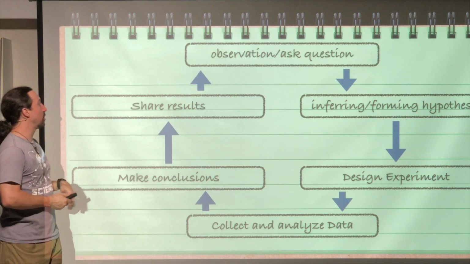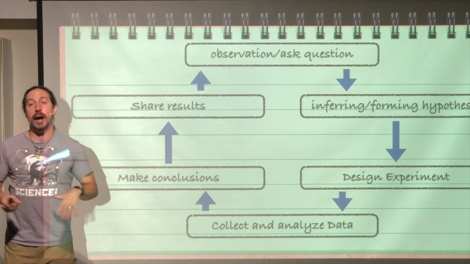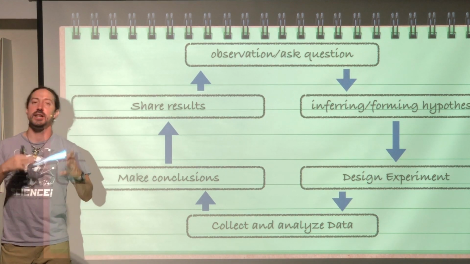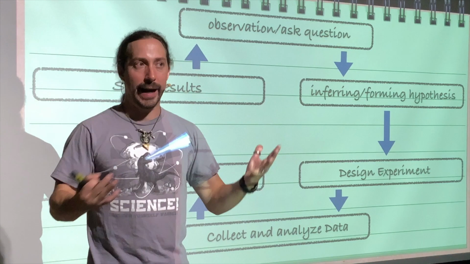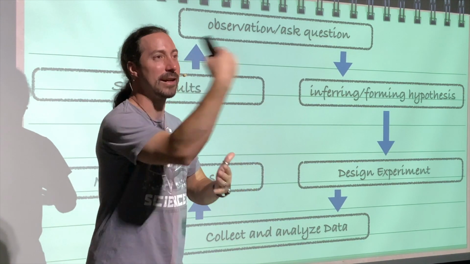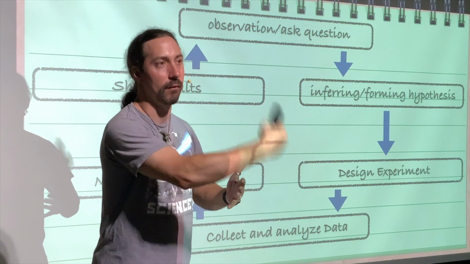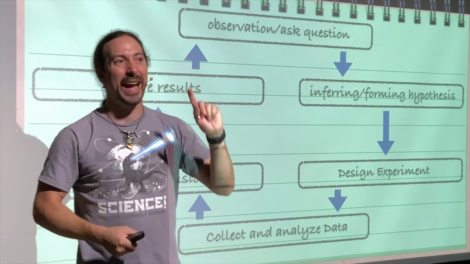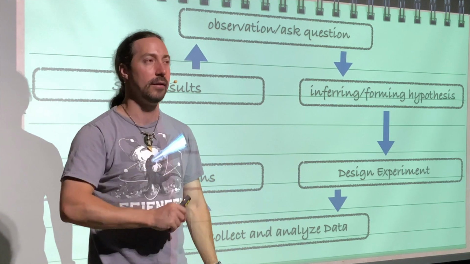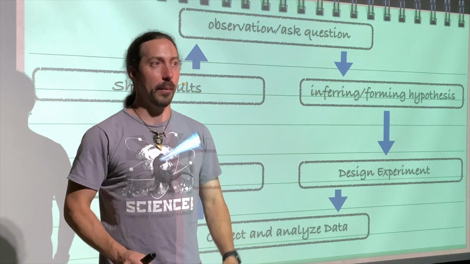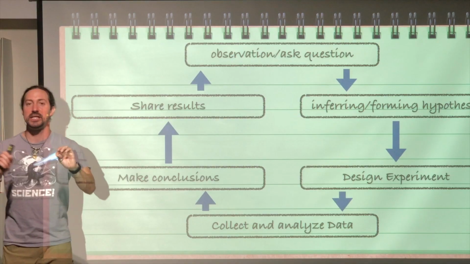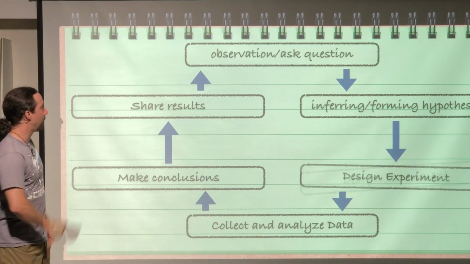Then you share your results, and probably based upon what you just did, you can ask another question and then continue and cycle around and around, because you probably haven't answered every question in association with that topic doing one experiment. So now we're going to look at a specific, simple experimental design.